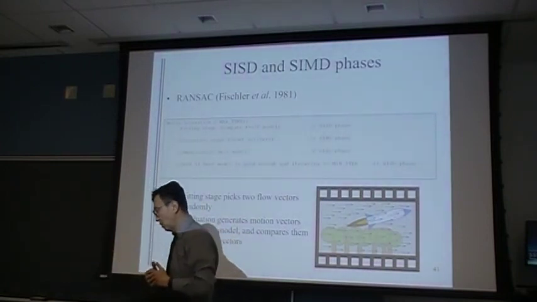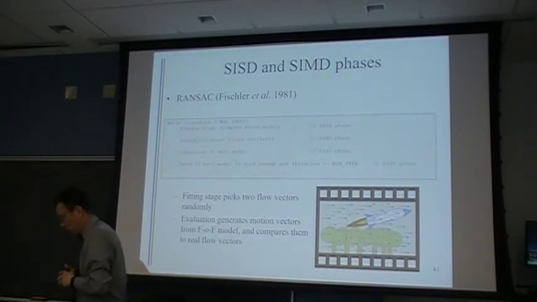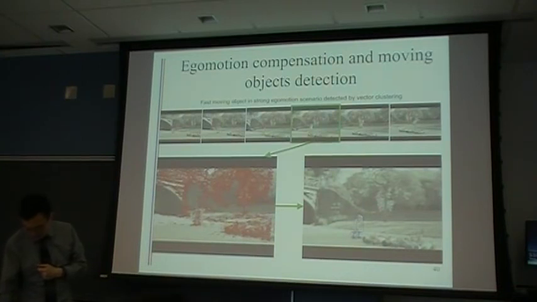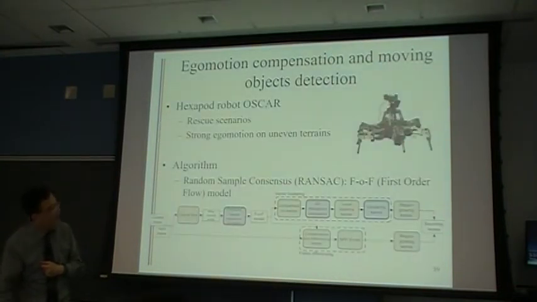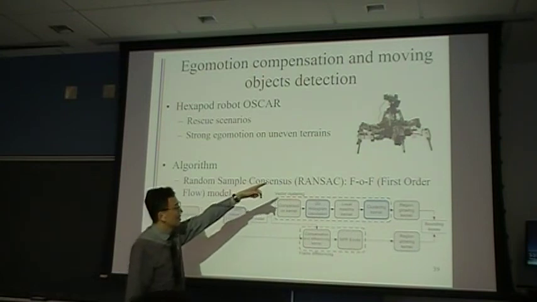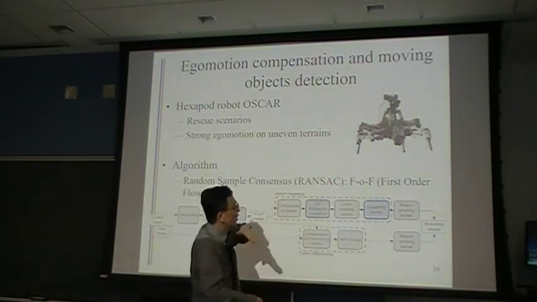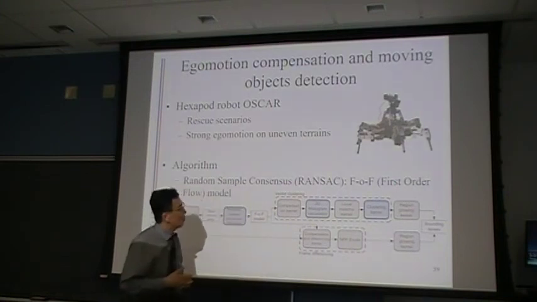This is the classical motion compensation computation. Sometimes you have robots with more leg-like structures that require more motion compensation.